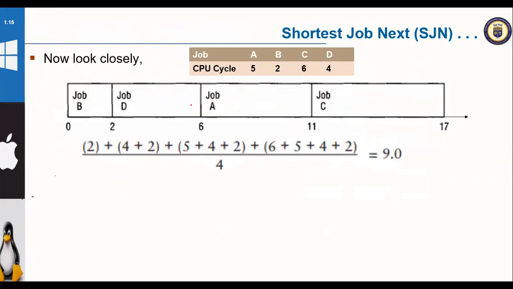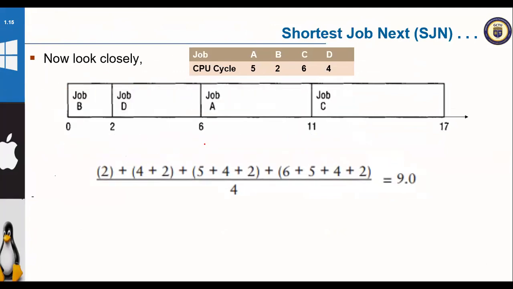Now you're going to find a formula to calculate the average turnaround time. Here we have 2. What is 2? 2 is the number of CPU cycles of job B. Then 4 plus 2. What is 4 plus 2?